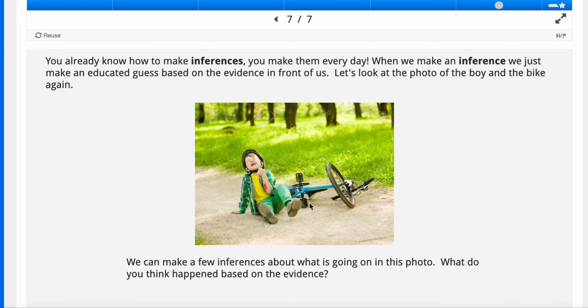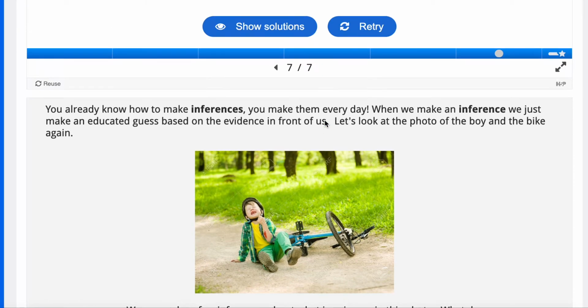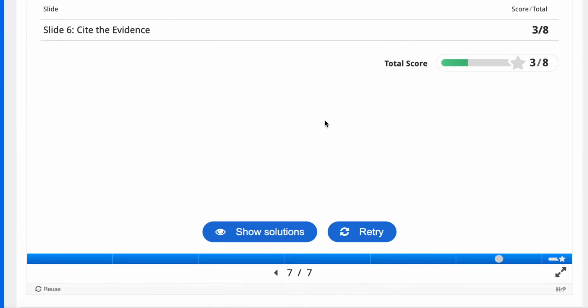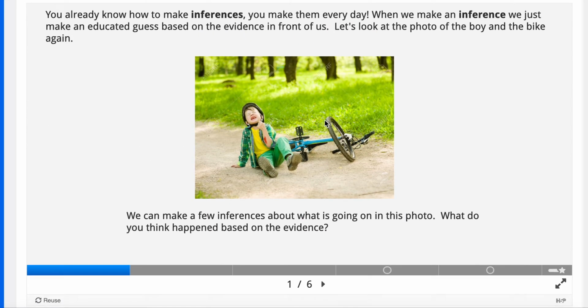So using that evidence, using what we see in the picture, his bike is on the ground, he has a helmet on, his elbow is skinned and bloody, he's crying, we use that evidence from what we see to make an inference. That's the second word that we have to define here. We talked about textual evidence. Now we're going to talk about an inference.